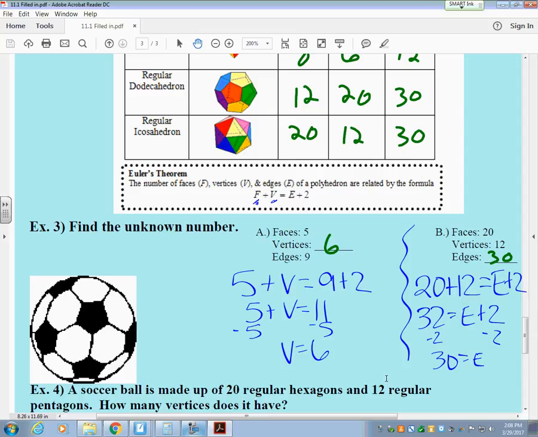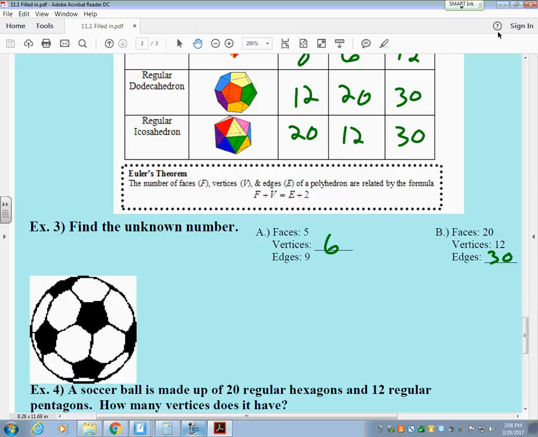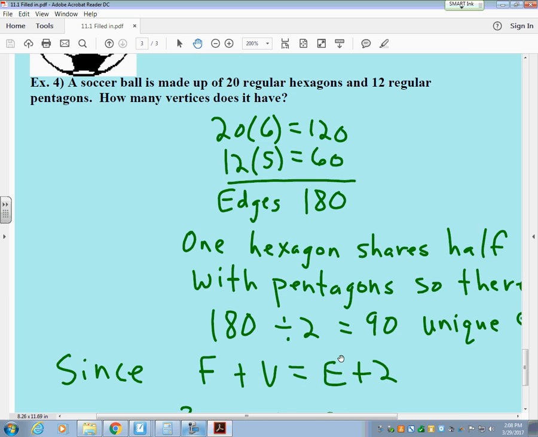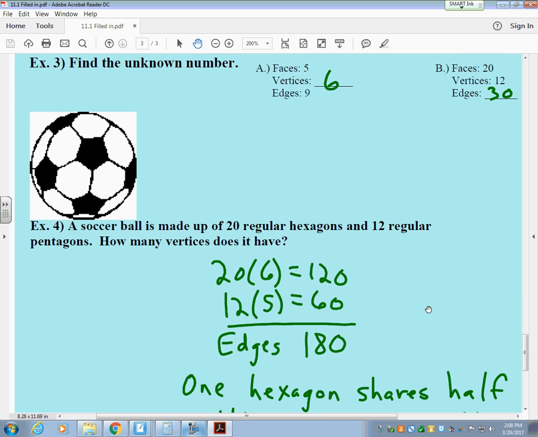Okay, let's look at the soccer ball situation. Soccer ball is made up of 20 regular hexagons and 12 regular pentagons. How many vertices does it have? So if I have 20 hexagons, hexagon is 6 sides, that's 120 edges.